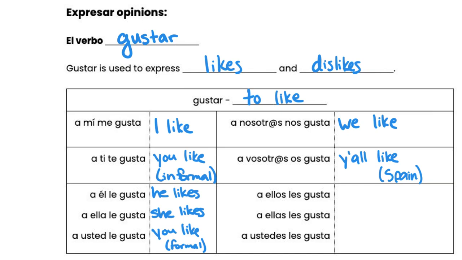And then in the last box, the first two, a ellos les gusta and a ellas les gusta, both mean the same thing. It's just that one is masculine and one is feminine. So just to save ourselves a little bit of writing, let's mark that this is the masculine one first, and this is the feminine one. But they both mean they like. And then a ustedes les gusta is you all like.